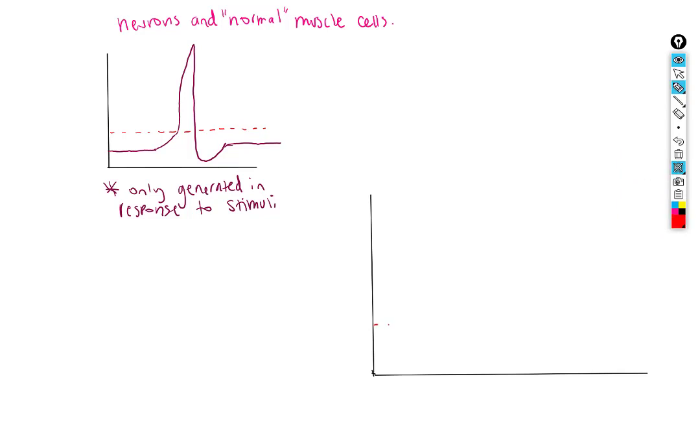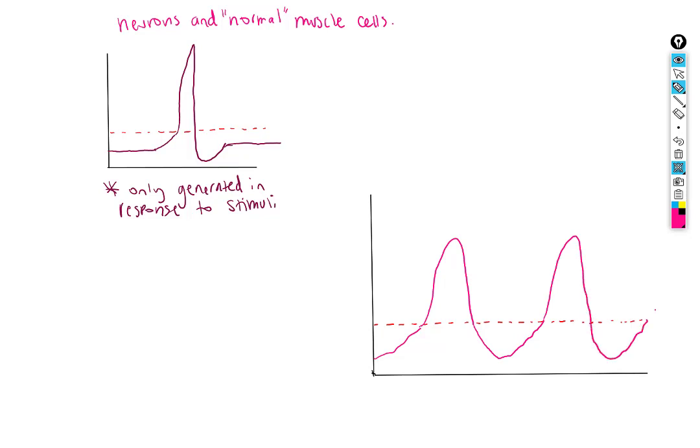They still have a threshold. But instead of having a resting potential, because their membranes are leaky, there's more leak channels in them, they are always drifting towards threshold. And then they depolarize, repolarize, and then they just drift right back up. So there is no resting because of that ion leak.